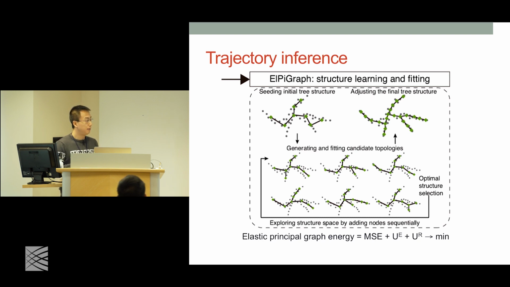But we cannot really explore all of the possible topologies, because that would be a huge amount of structures. Here we are using a kind of gradient descent, a greedy approach, which means we cannot really guarantee the global optimal structure. That's why the first step, the seeding structure, is a very important step.